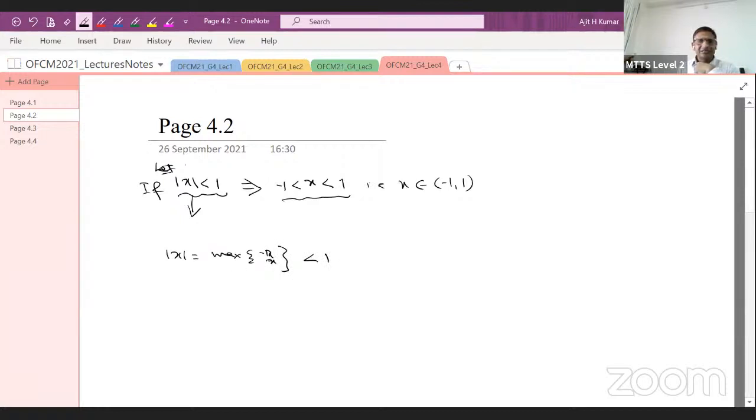If the maximum is less than 1, each one will be less than 1, isn't it? x is less than 1, which is this side. Minus x is less than 1, this is this side. If I use this as the definition, proving that mod x less than 1 implies x lies strictly between -1 and 1 just follows from the definition.